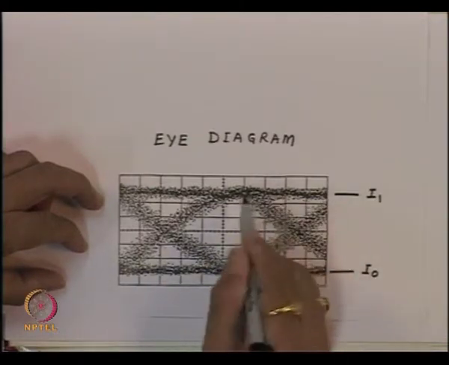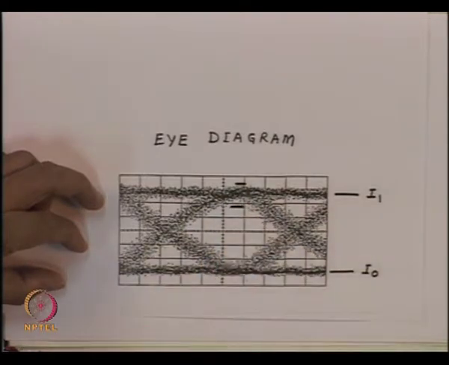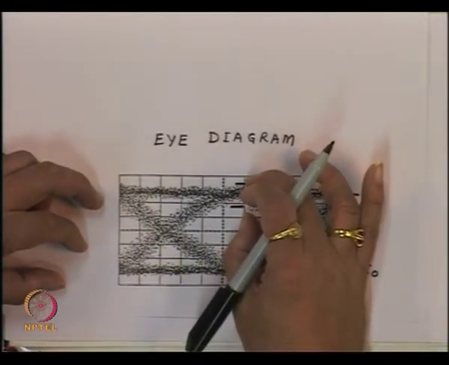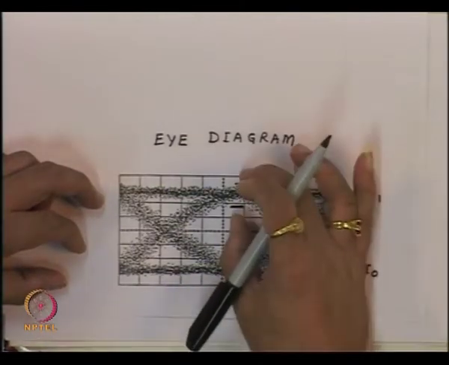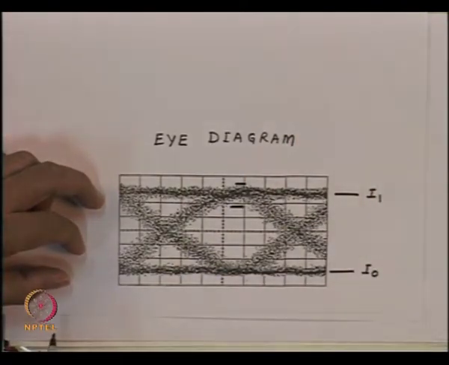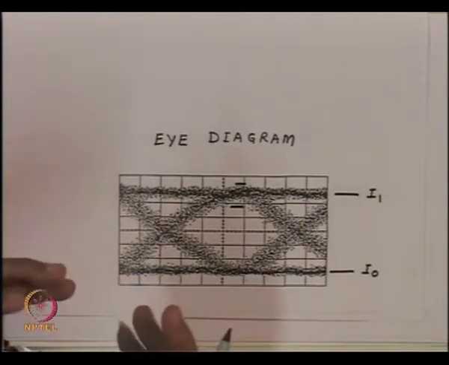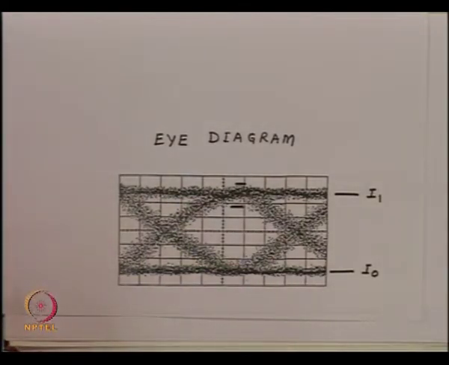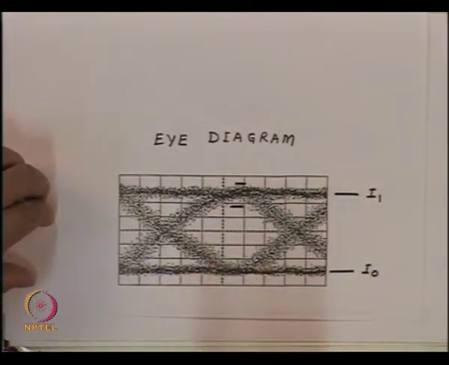Also, knowing the maximum deviation which we get from here to here, we can calculate the variance of the noise corresponding to level 1. Because if we assume that this distribution is almost Gaussian, then the peak to peak spread will be typically about 5 to 6 sigma. So, if we measure this peak to peak deviation, 1/5 of that approximately gives the value of sigma 1.